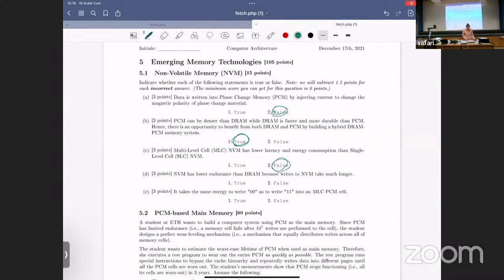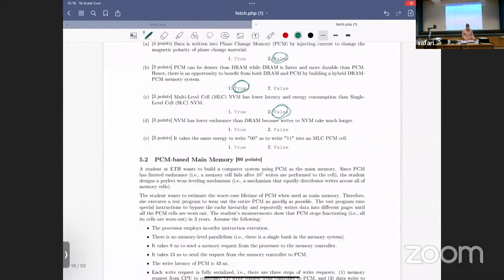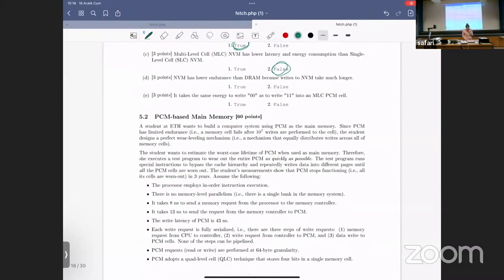The fourth one is: NVM has lower endurance than DRAM because writes to NVM take much longer. So this is false, but it's also partially correct, because NVM has lower endurance, but the reason is not that writes take much longer; when you're writing, you apply very high temperature, so you destroy the cell structure a bit.